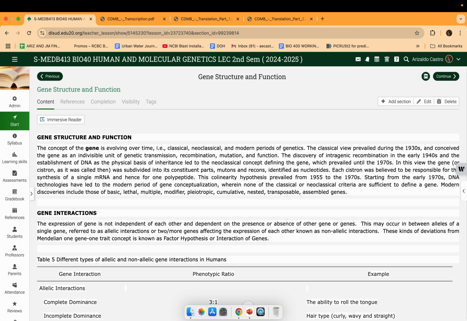Eventually it was discovered that there are phenomena such as gene insertions, gene deletions, as well as gene duplications, which all contribute to physical, structural changes on the genome of an individual.